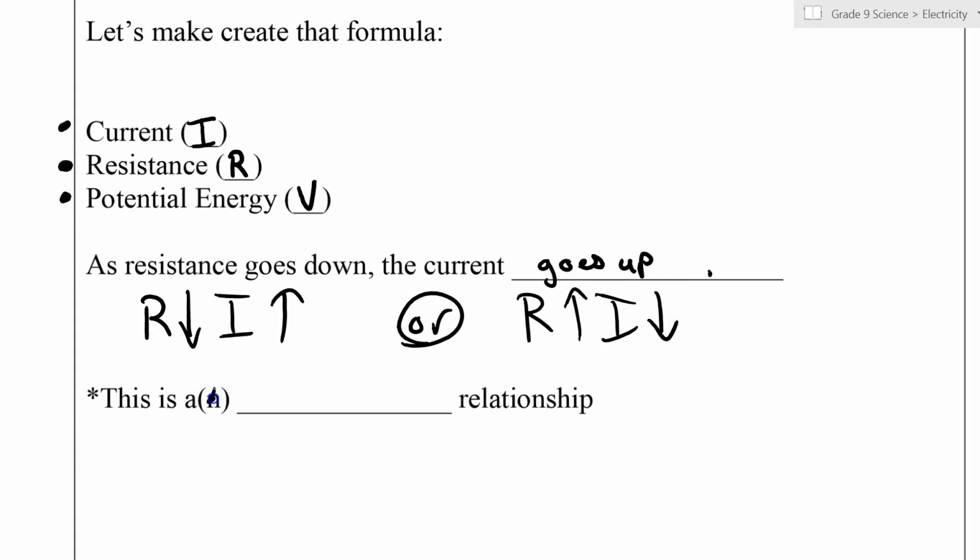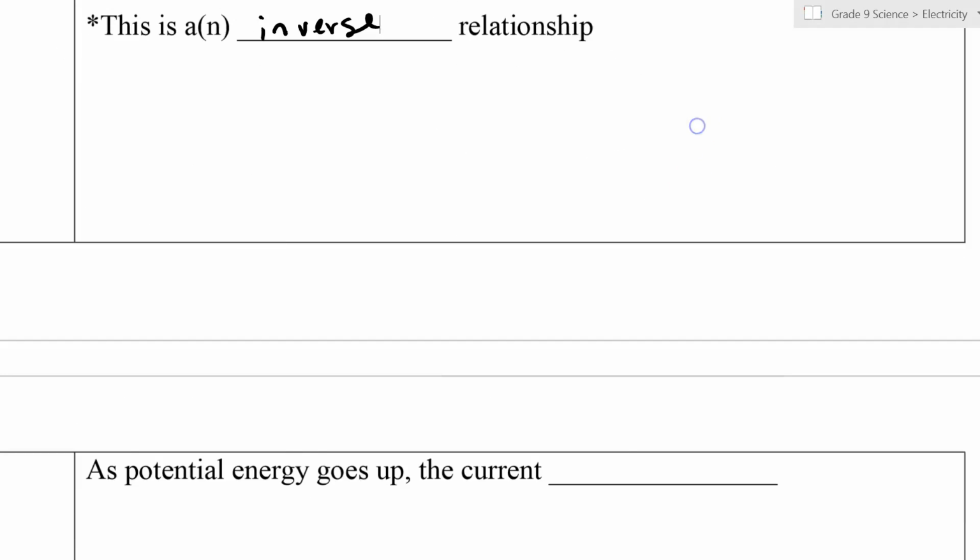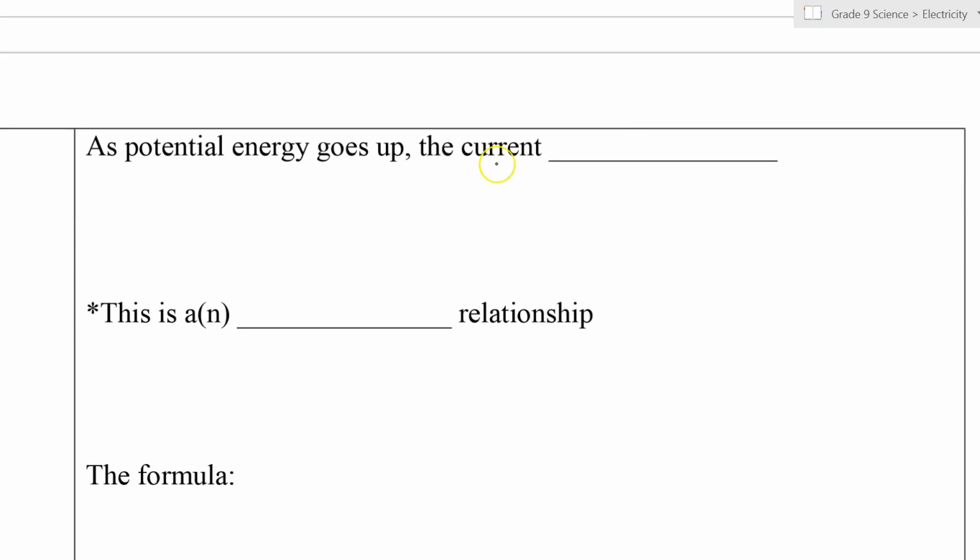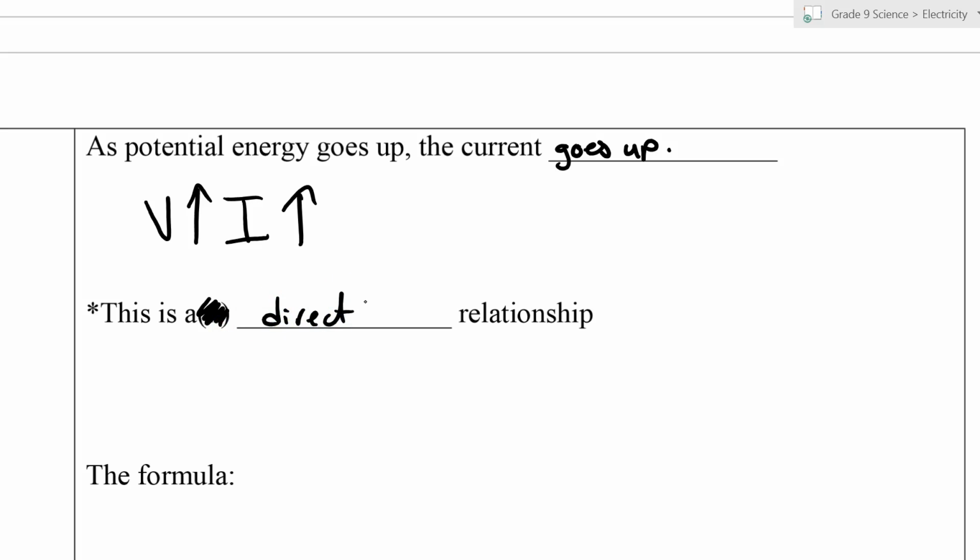This is called an inverse relationship. As potential energy goes up, as the height of the water in the tank gets higher and higher, the current, the flow, goes up as well. So as I would say, as volts go up, the current goes up. This is an example of a direct relationship.